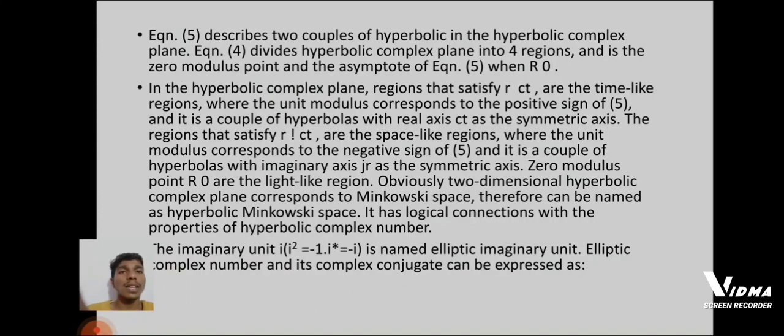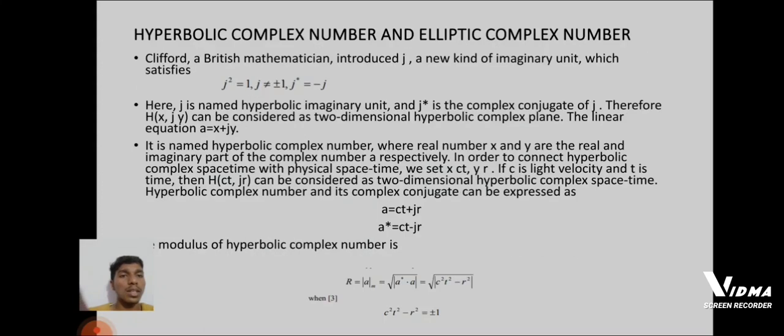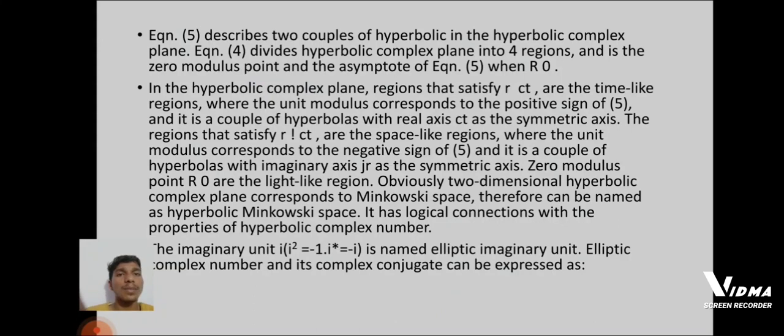So equation 5 describes two couples of hyperbolas in the hyperbolic complex plane. Equation 4 divides the hyperbolic complex plane into four regions, and it is the zero modulus point and the asymptote of equation 5 when r is not. So this is equation 5: c square t square minus r square equals plus or minus 1.